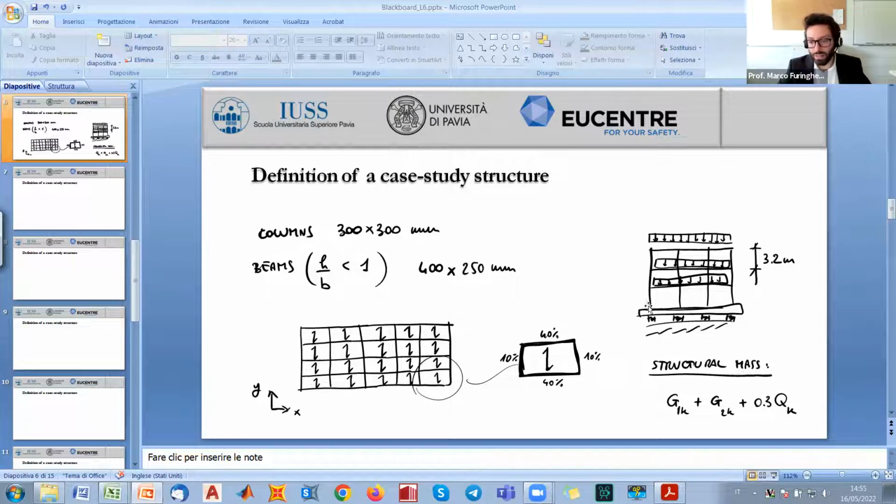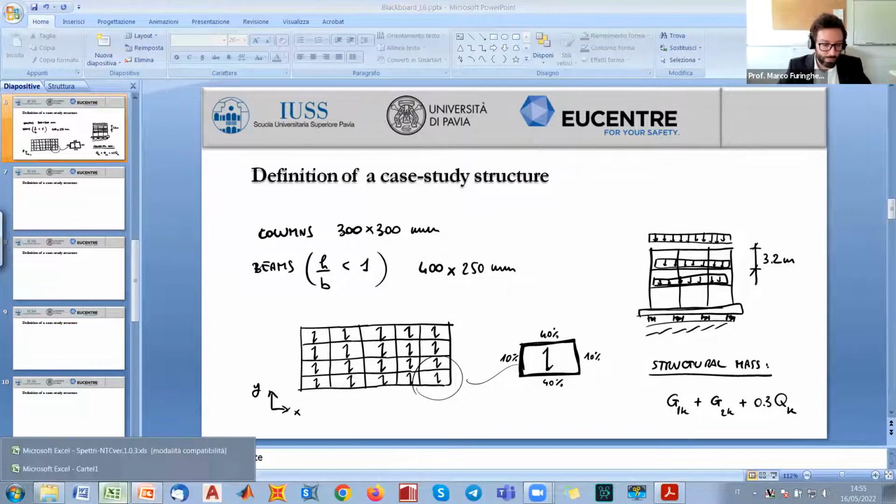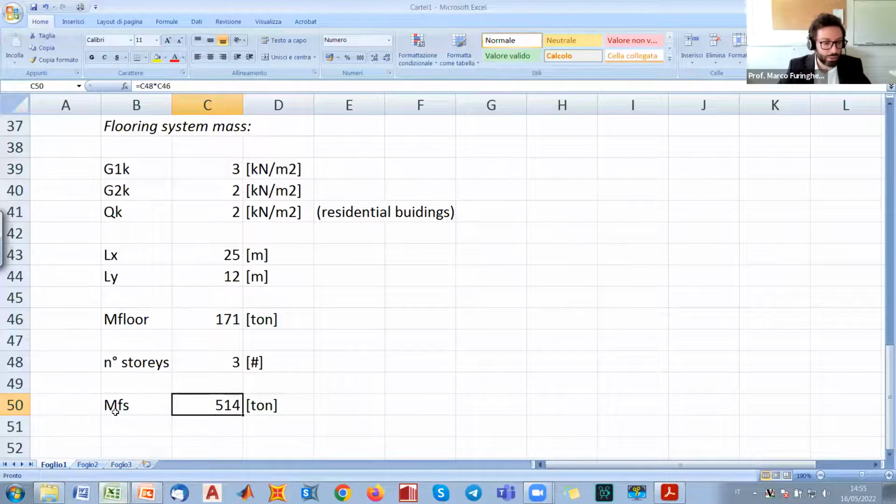So we still have to account for an additional contribution at the ground floor. So we have to sum up this contribution in this amount, the total mass of the flooring systems.